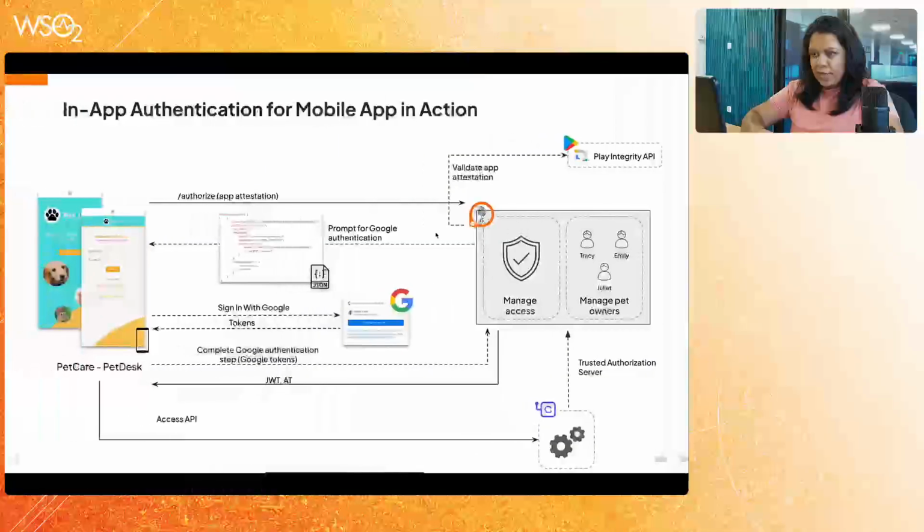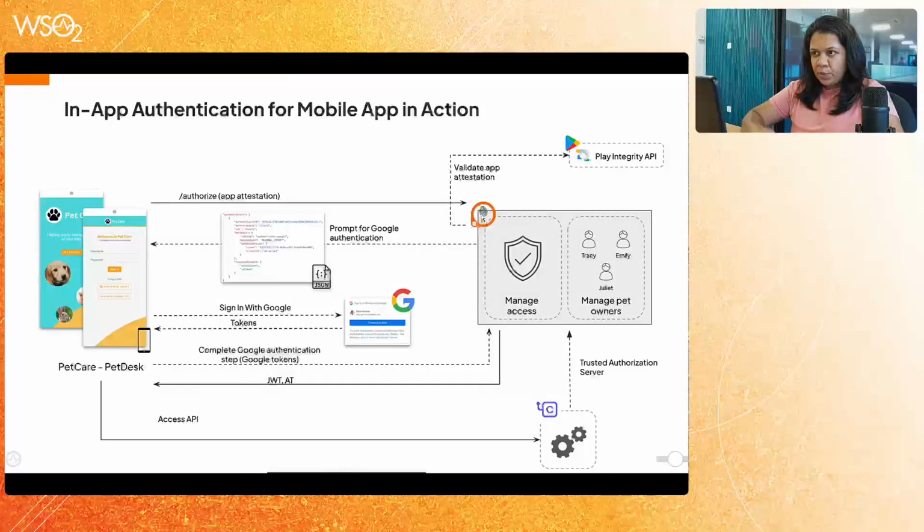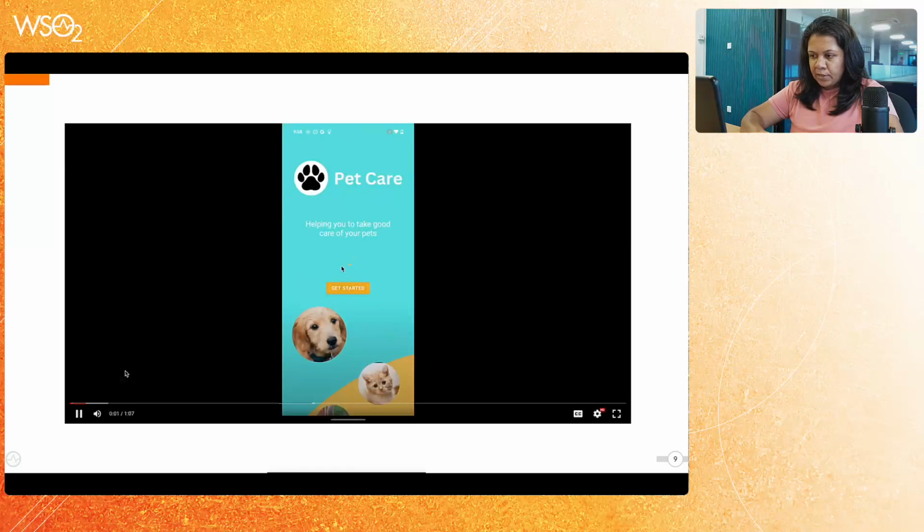So that's how the API works, and let me also quickly show how the real application experience works when this is integrated into the app. I have a recorded demo of that.